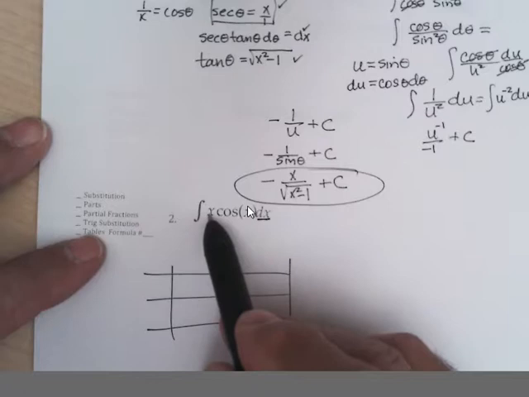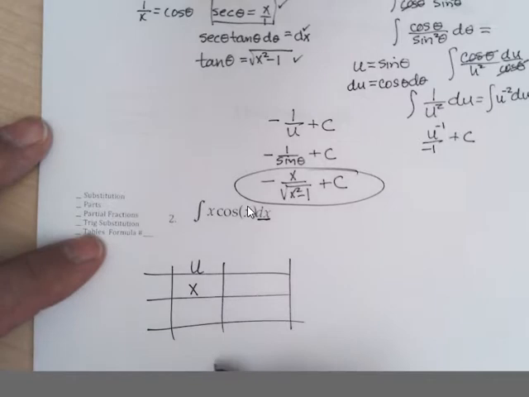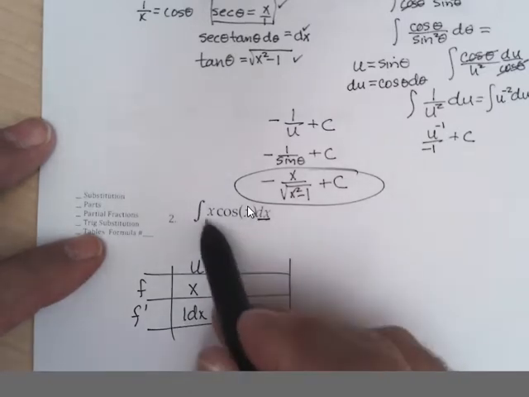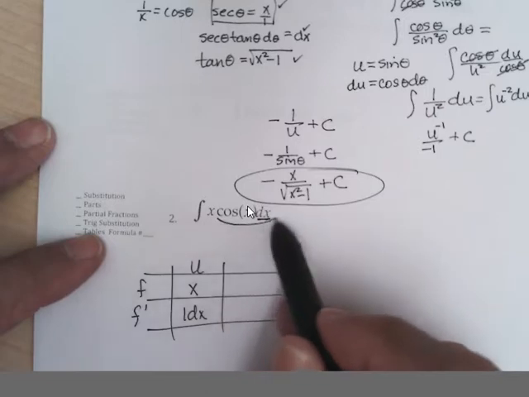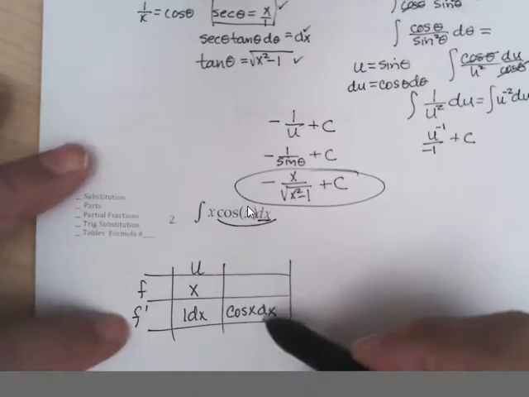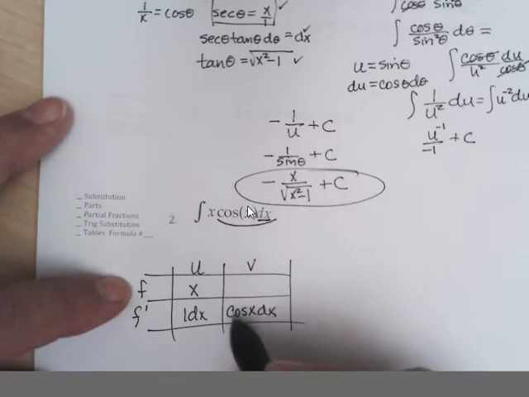Well, I just as soon take the derivative of x, so I'm going to put in my u the x, so that when I find its derivative, I get 1 dx. Then all the rest of it has to go in the derivative, which is cosine x dx, and then I have to take the antiderivative to get back to the function for v. And so that would be, the antiderivative of cosine is sine.